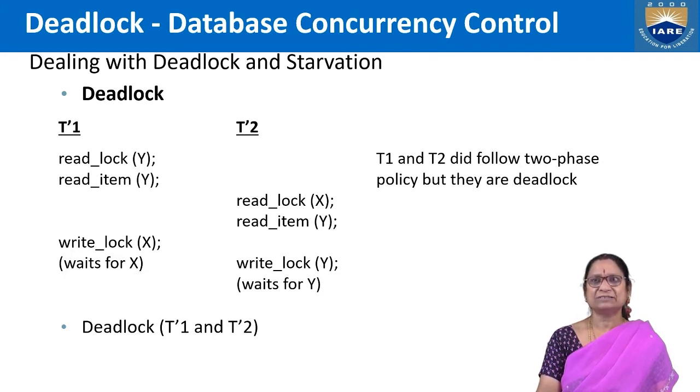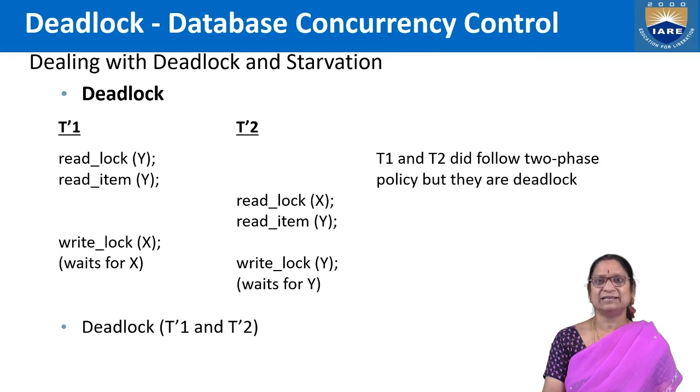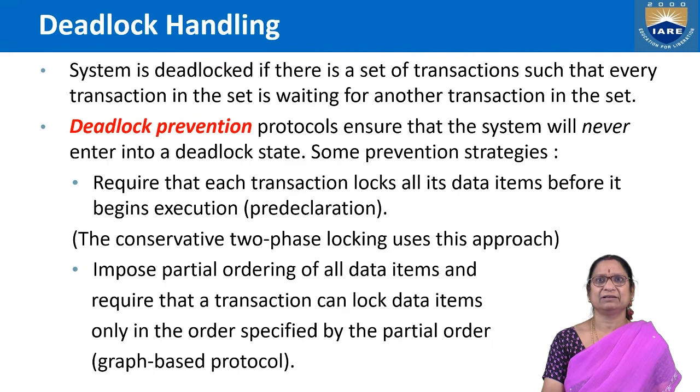In the two-phase locking protocol, once it enters the release of the locks, it cannot acquire again. So the respective transactions are waiting to acquire the locks on the other data items. This status is known as deadlock. T1 and T2, two transactions, are in the deadlock state.